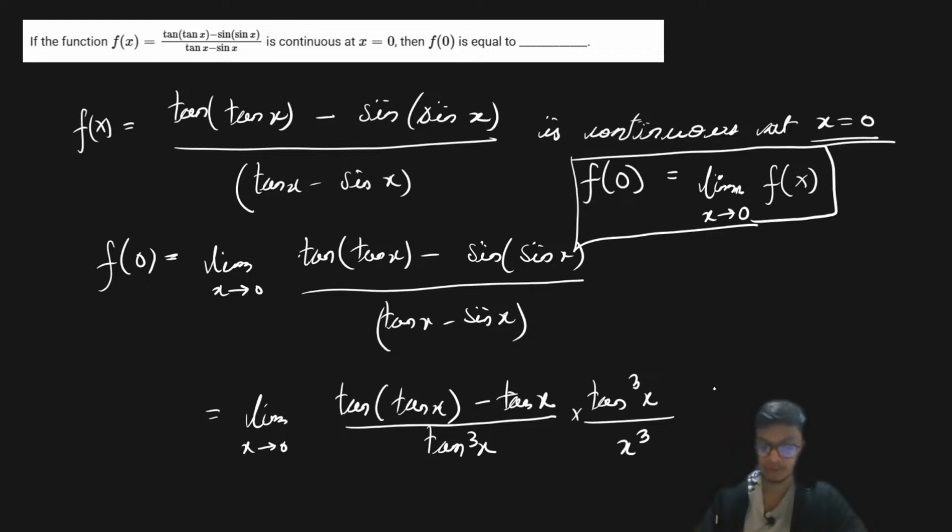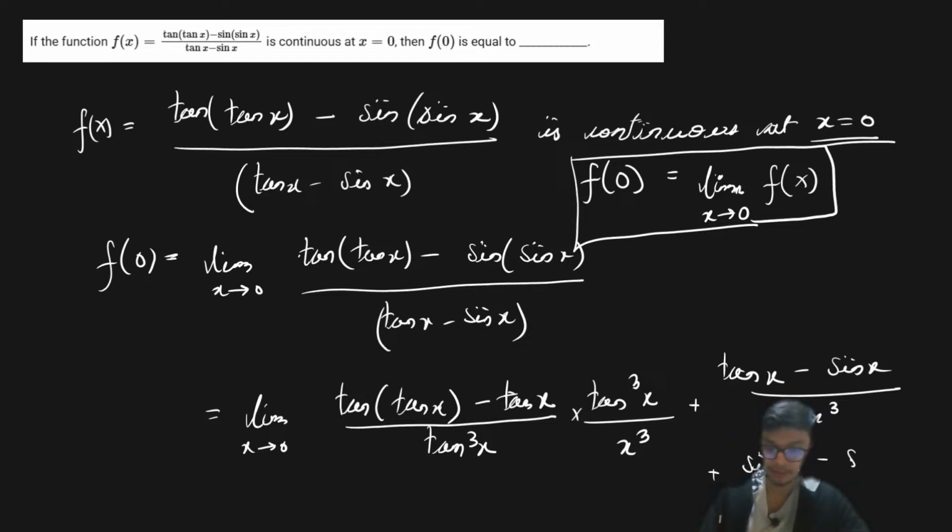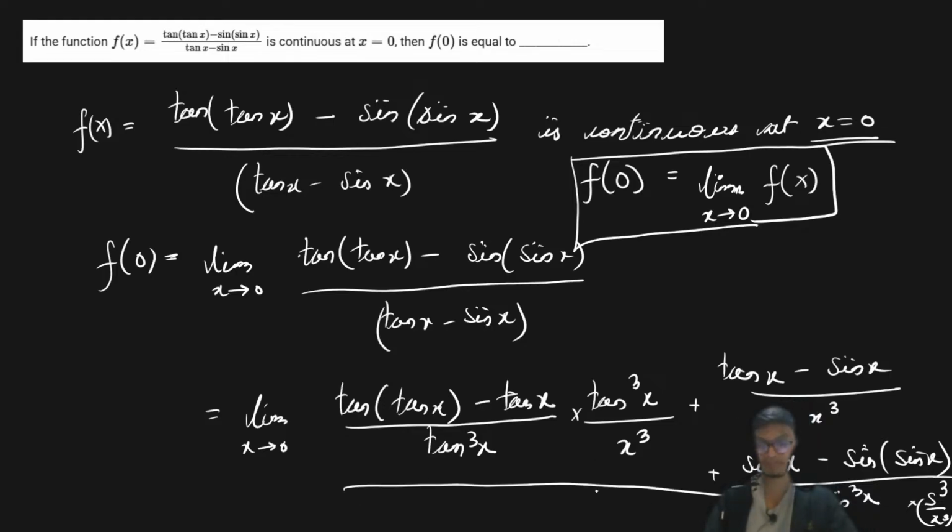Plus tan x minus sin x divided by x cube, and then plus sin x minus sine of sin x divided by sin cube x, multiplied with sin cube x by x cube. Then the whole is divided by tan x minus sin x, divided by x cube.